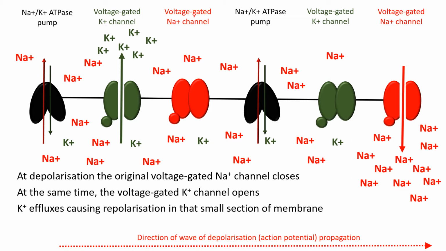Now, of course, sodium is a cation, it's positive, so it coming in made the inside more positive. Potassium is also positive, it's also a cation, but it's effluxing. So it's taking that positivity, if you like, out from the cell. So hence it's repolarizing the membrane.